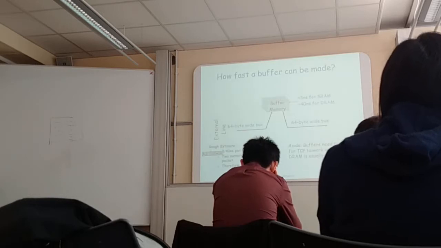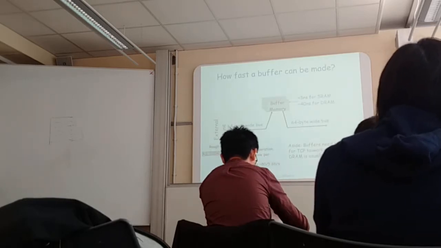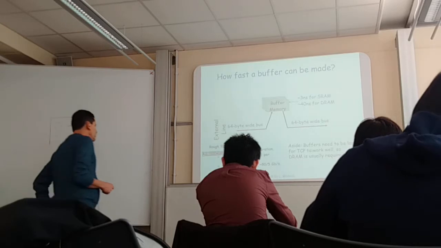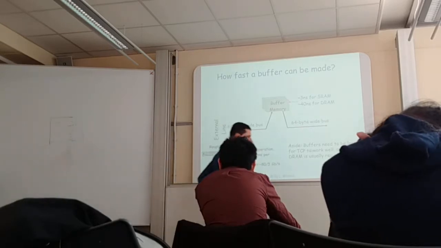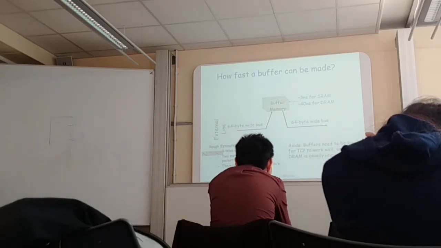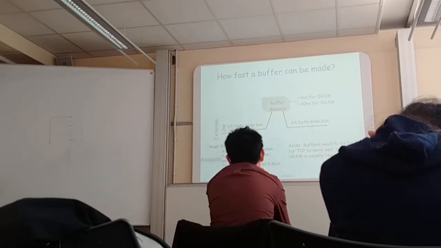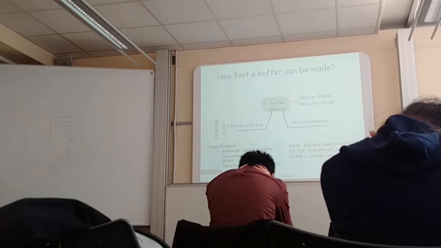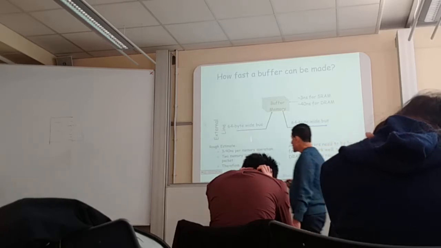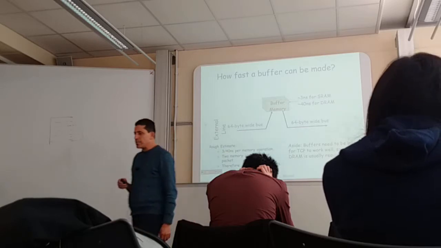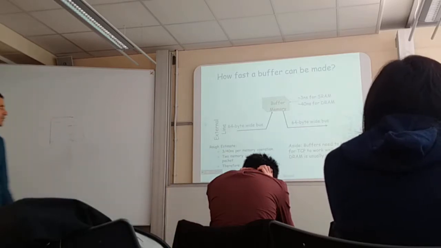What else did I talk about? We talked about how fast you can get these, and I think we stopped here last week somehow. We talked about the external line being a 64-wide bus.